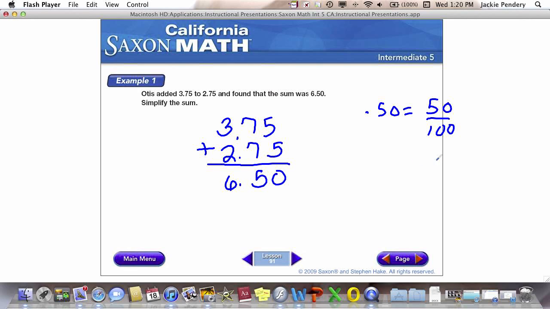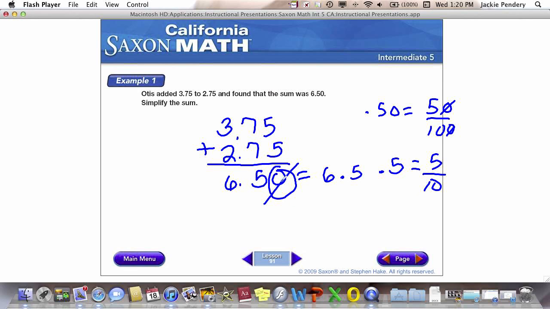I know that I can reduce 50/100ths to 5/10. And I know that 5/10 in a decimal means 0.5. So I can actually take this 6.50 and simplify it to 6.5. And I can get rid of this 0 right here.